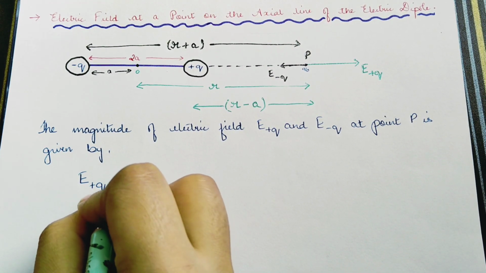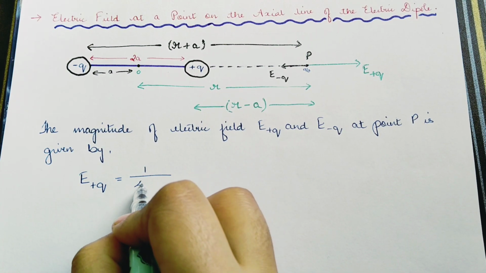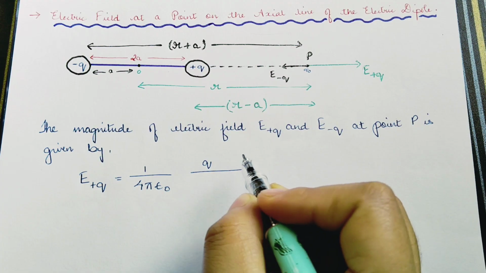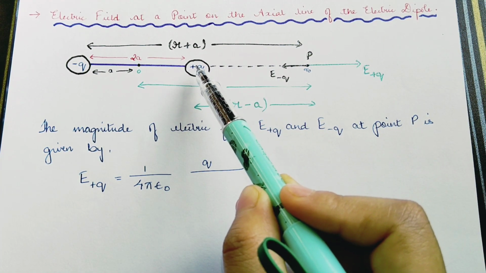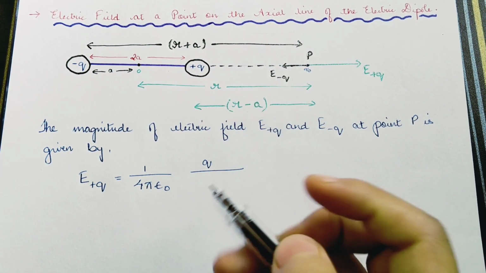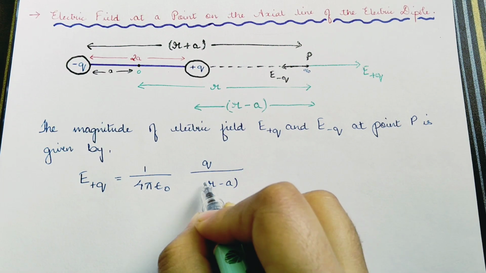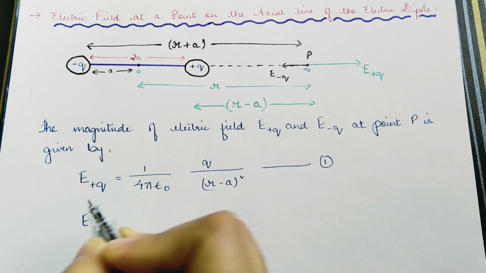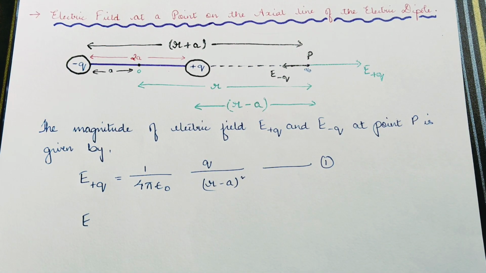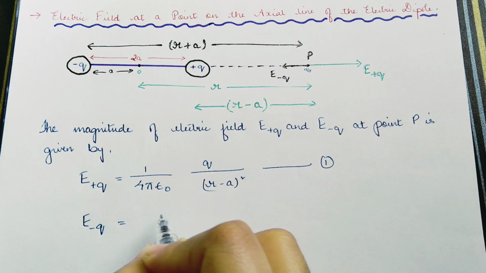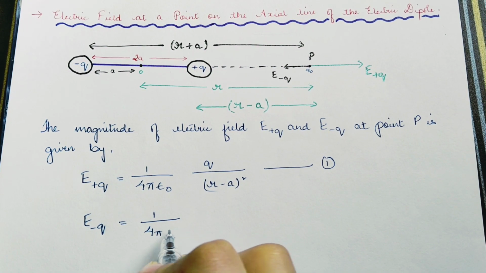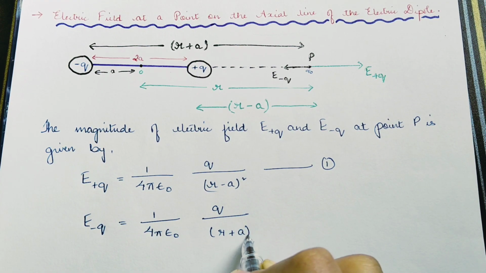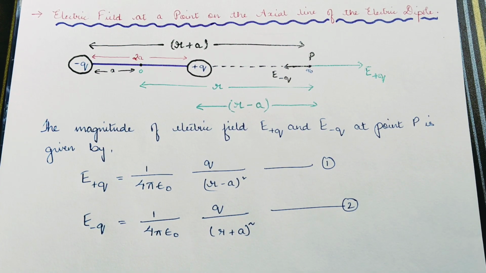E plus q is equal to 1 by 4 pi epsilon naught times q divided by the square of the distance of plus q to point P, which is r minus a. So (r minus a) squared, equation number 1. Likewise, E for minus q is 1 by 4 pi epsilon naught times q divided by (r plus a) squared, which is equation number 2.